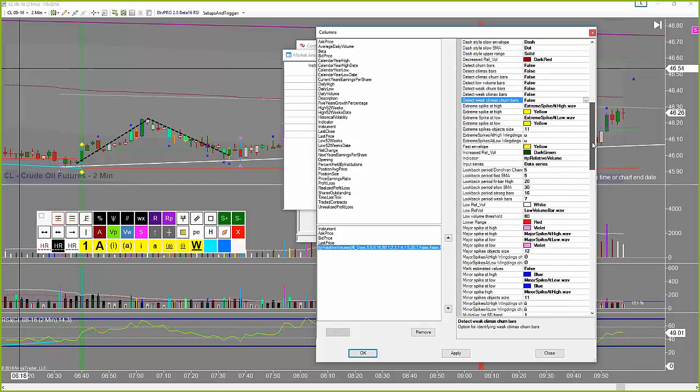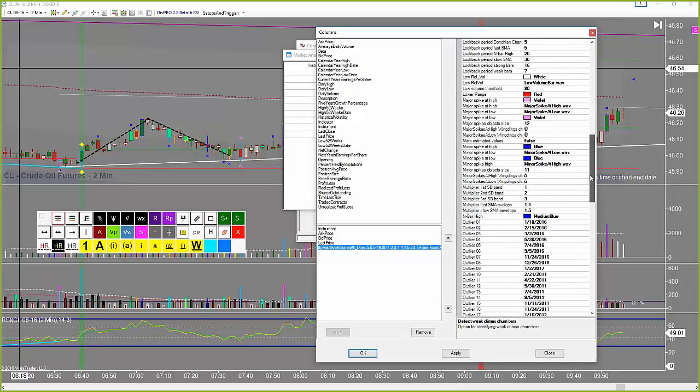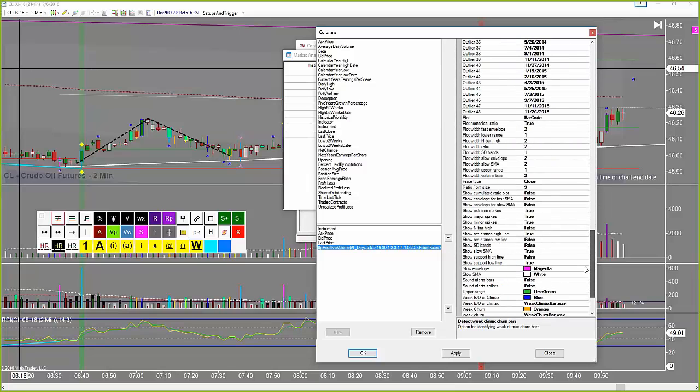All we need are the extreme spikes, which are right here. So we don't need the major. We don't need the minor. That's going to cut down on the CPU or the memory or all the above. So show extreme spikes.